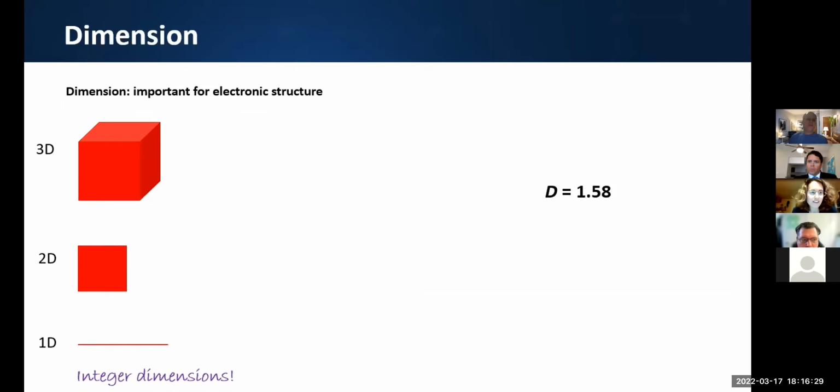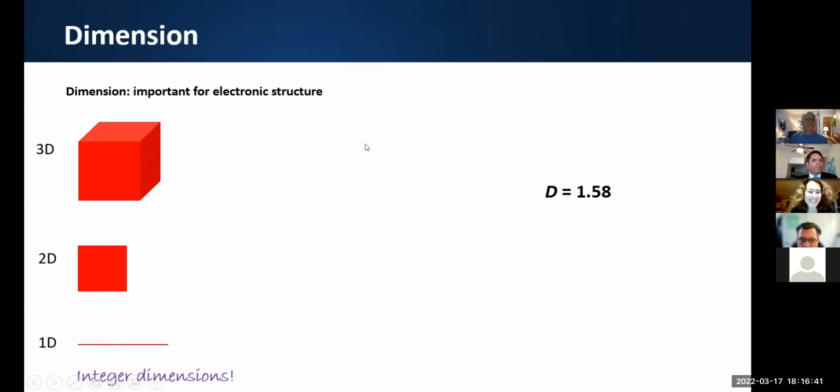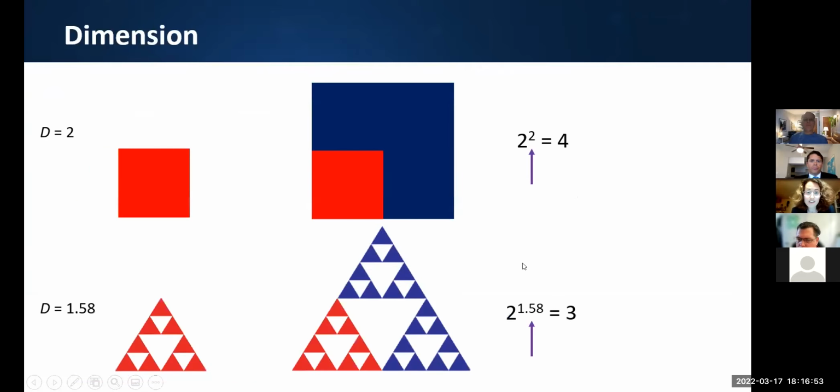And something that not everyone is aware of is that the dimension of such systems is very interesting because it is not 3D, 2D, or 1D, but something in between. And one can explain that as follows. In 2D, here, if we multiply the base by 2, we basically need 4 blocks to fill it out.